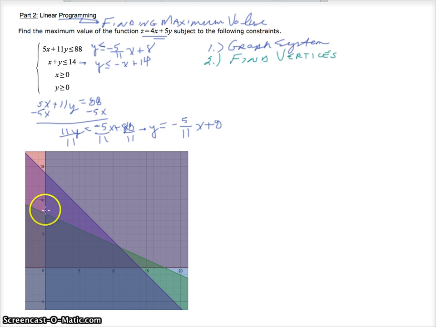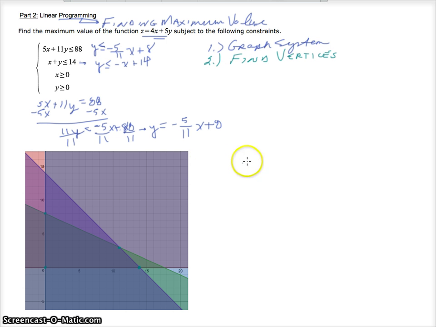So my vertices are going to be where all of my constraints intersect to make the 4-point shape. So we're looking here, the origin, right here where the purple and green intersect, and right here.